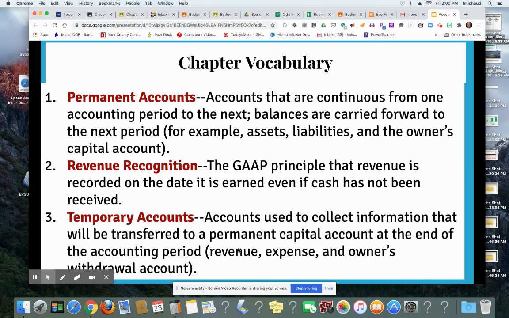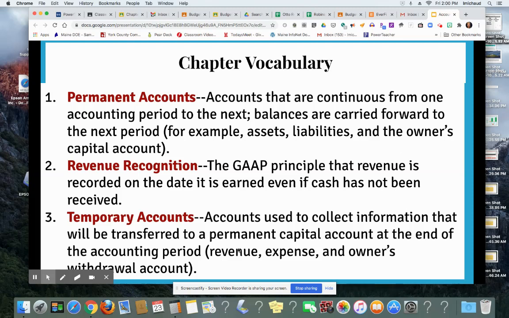Revenue recognition is the accounting principle that revenue is recorded on the day it is earned, even if you haven't received the cash. Now, temporary accounts are accounts used to collect information that will be transferred over to a permanent capital account at the end of the accounting period.